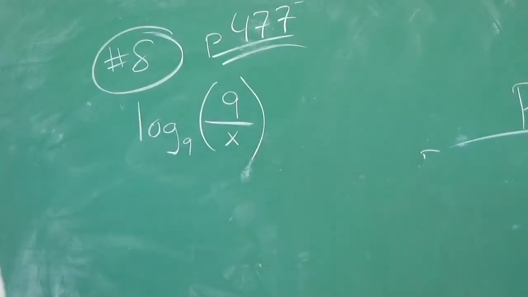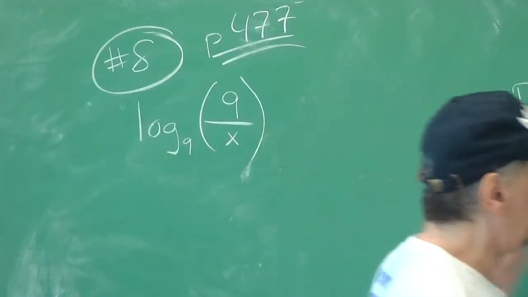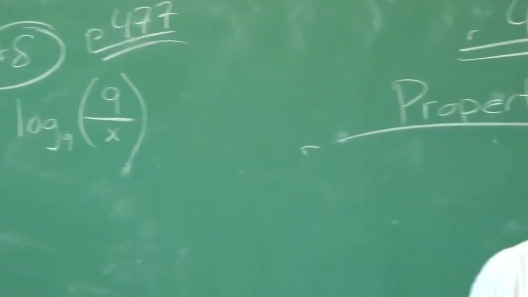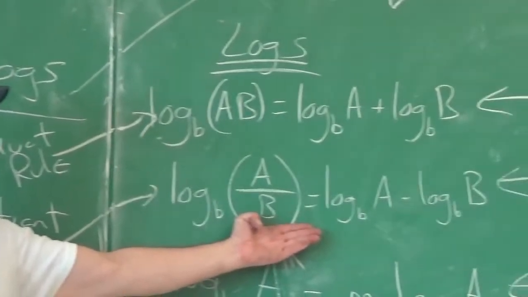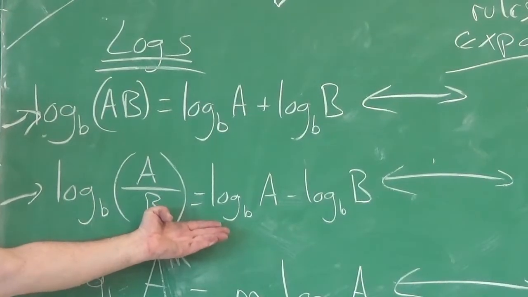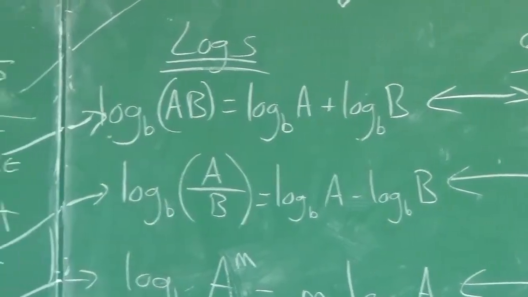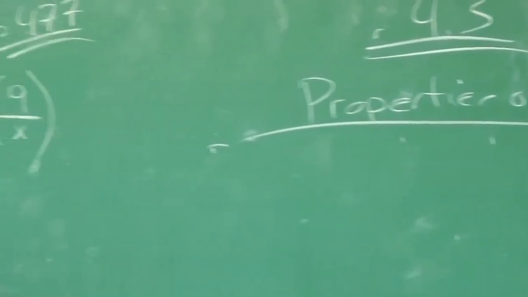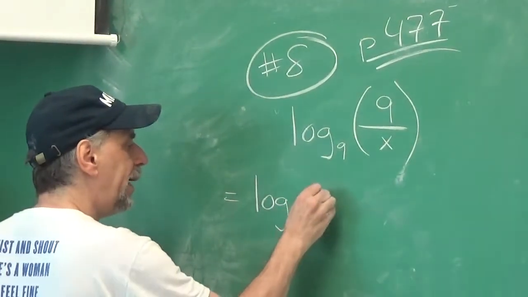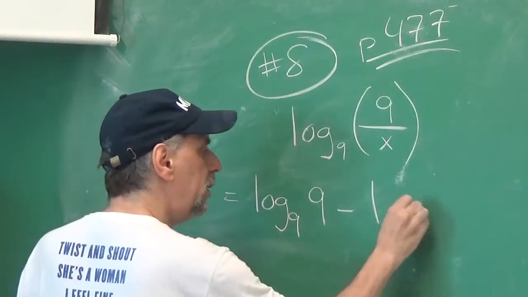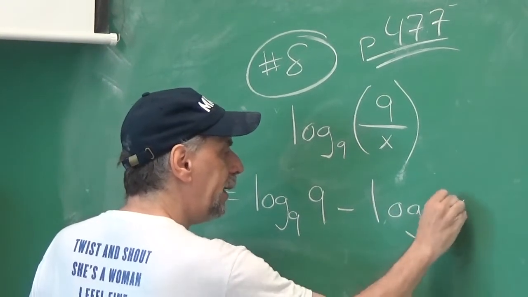We are asked to expand this into sums and/or differences. So here we see we have the logarithm of a quotient. So we're looking at this property here, the logarithm of a quotient, we can break up into the difference of the logarithm of the numerator, logarithm base 9 of 9, minus logarithm base 9 of x.